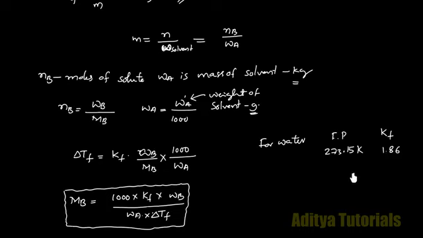Similarly, we can remember for benzene: its freezing point is 278.6, and the constant is 5.12 Kelvin kg per mole. Even you can remember for many such solvents, for example ethanol. The freezing point for ethanol is 155.7 Kelvin, and its depression constant is 1.99.